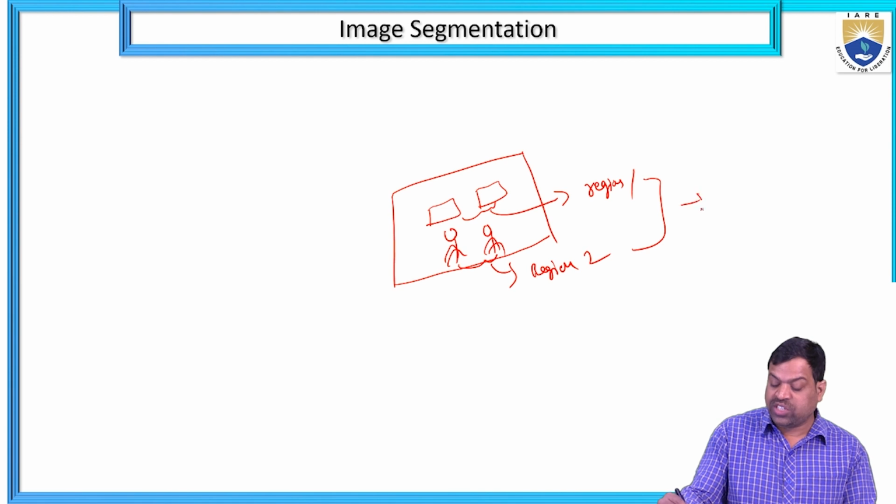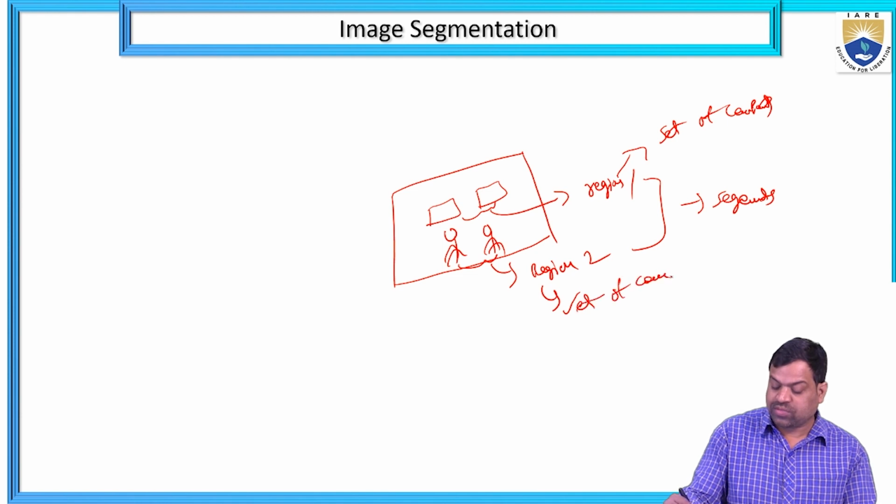So region 1 and region 2 are the segments. In a region, there is a set of components. A set of components is called a region. A set of regions is called segments.